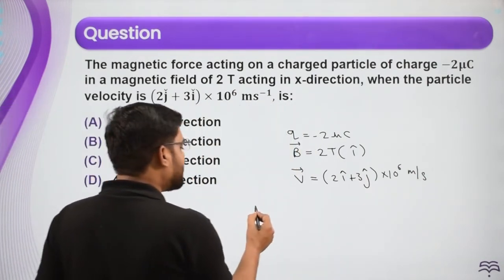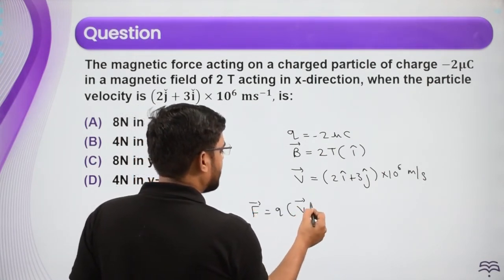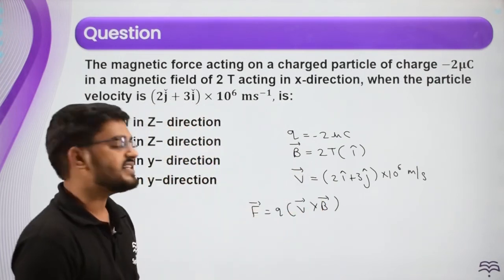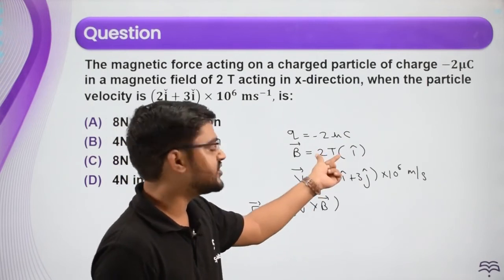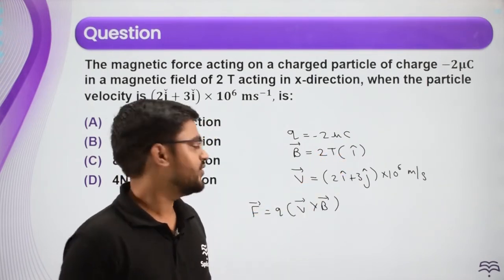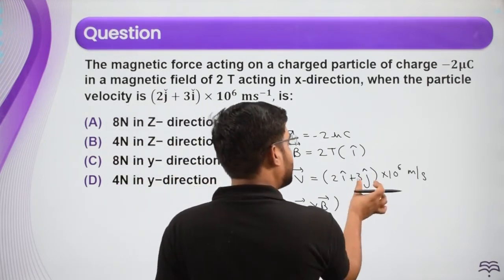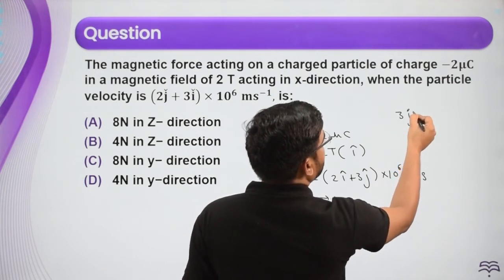So we can simply apply the formula. Force is nothing but q v cross B, so the cross product of these two, v and B. So 2i cross 2i is going to be 0. Then 3j cross 2i. So how do you do 3j cross 2i?